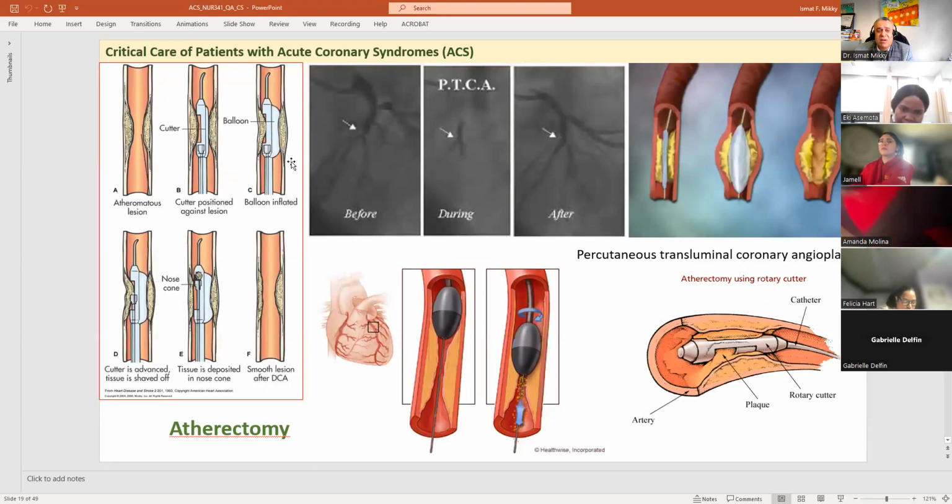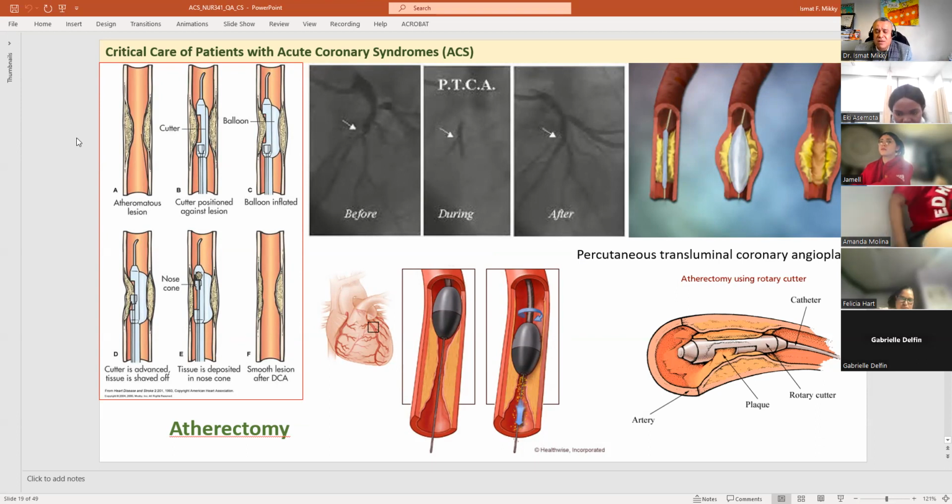Most of these techniques, I don't want everyone to fret about these procedures or advanced interventions like cardiac interventions, because these are advanced techniques that we will cover in Adult 3.